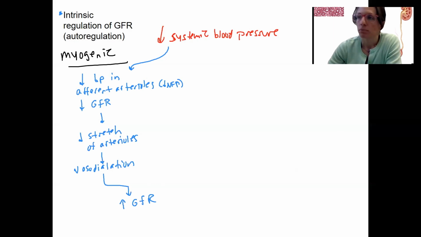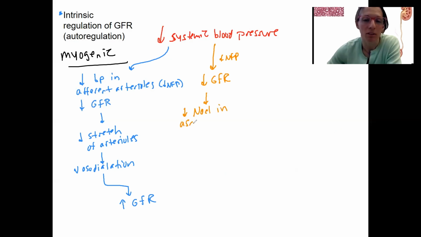But we've got another mechanism. So this reduced GFR, which I could do from here even, but I'm going to do it separately. So reduced GFR because we have decreased NFP, but the mechanism is ultimately from blood pressure in the glomerular capillaries. This is going to result in reduced filtrate flow, right, and decreased NaCl in that ascending limb.